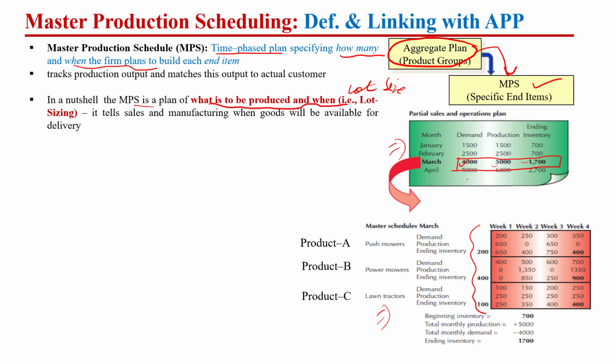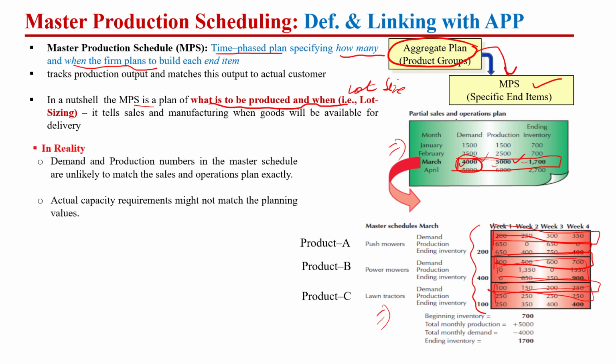From the demand point of view, the sum of this, this and this must be equal to 4,000. Similarly, from the production point of view, the sum of these production quantities must be equal to 5,000. That's why we say that the master production schedule must be aligned with the aggregate production plan. But in reality, you will see that there will be a deviation.